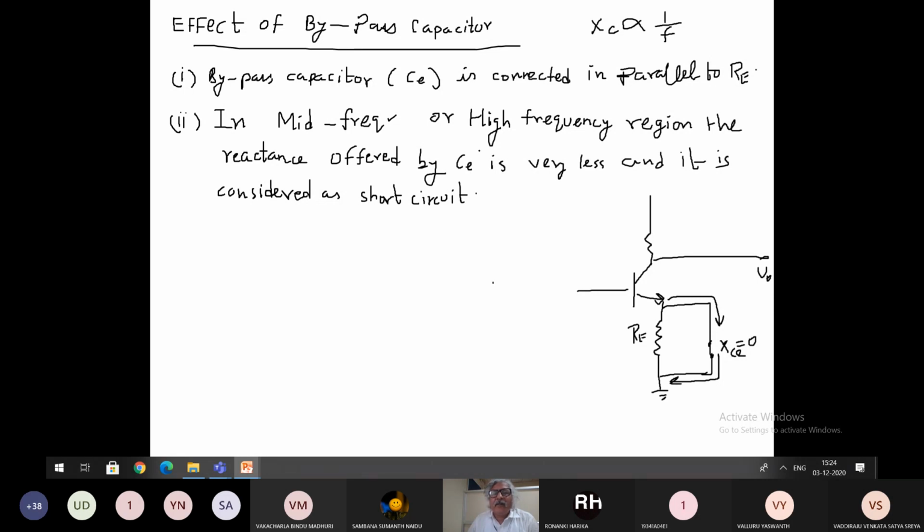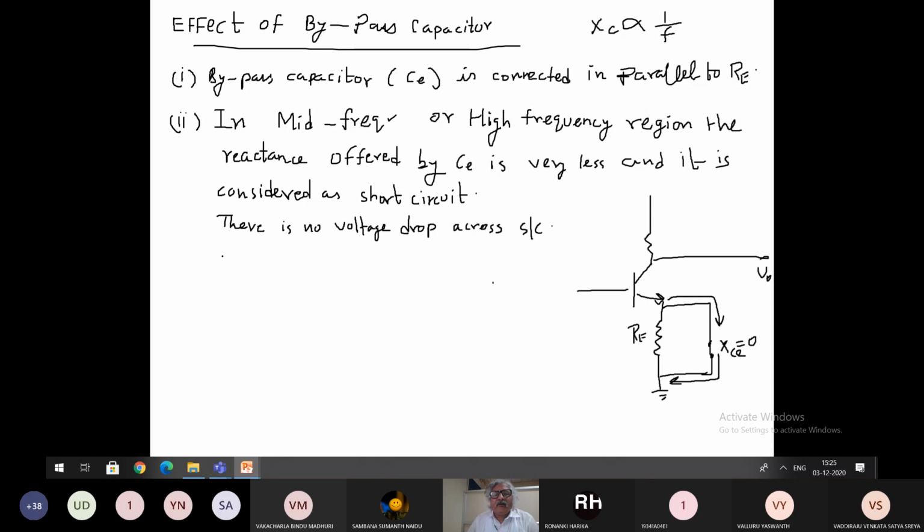So in the mid frequency or high frequency region, the reactance offered by CE is very less and it is considered as a short circuit, and there is no voltage drop across the short circuit.